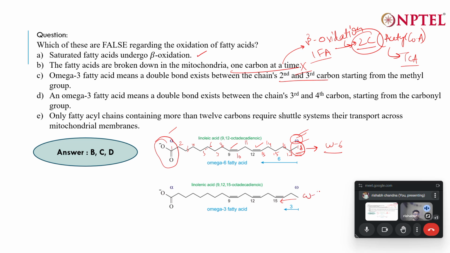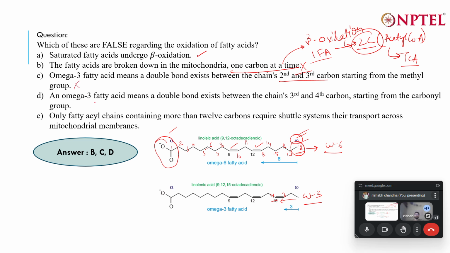So this is the omega 3 fatty acid. The option says that the double bond exists between the second and third carbon starting from the methyl group. No, that means the double bond exists between the third and the fourth carbon. So this is false.